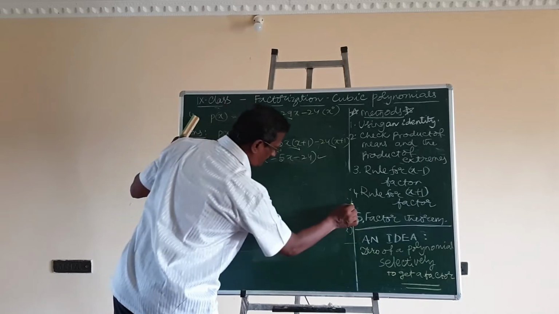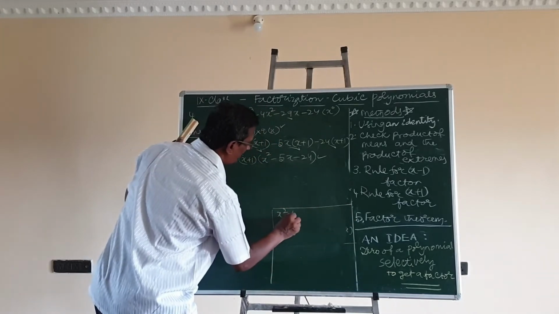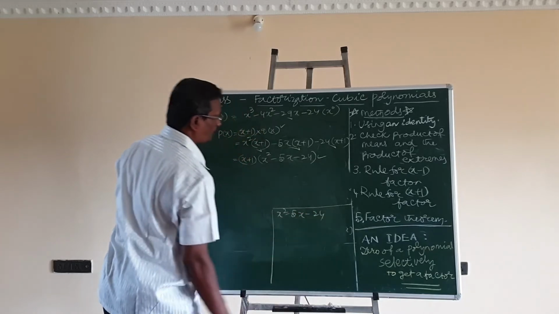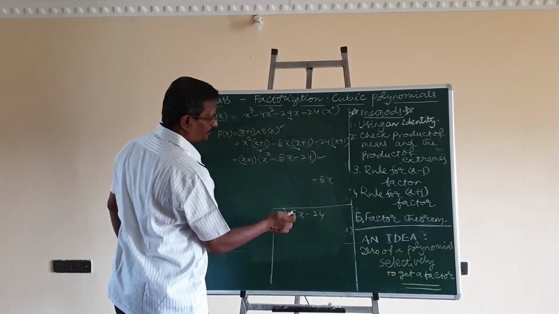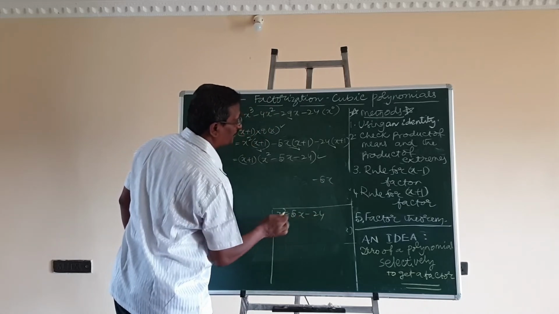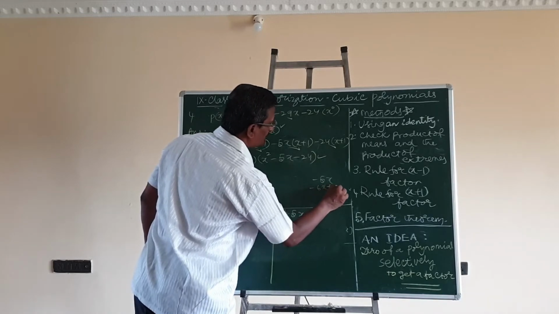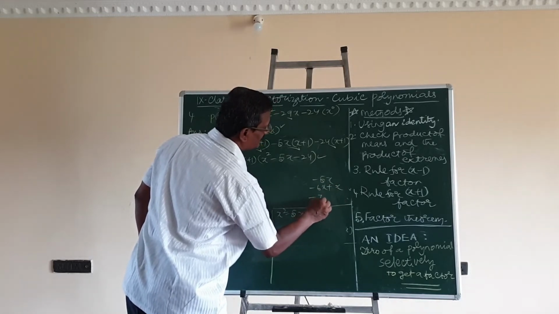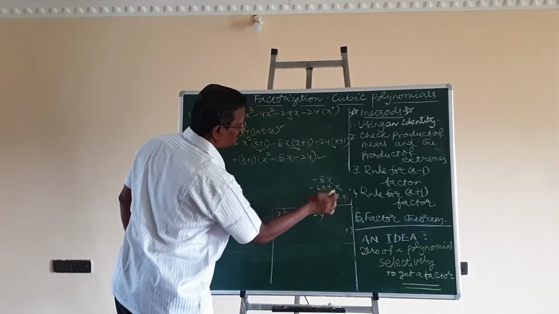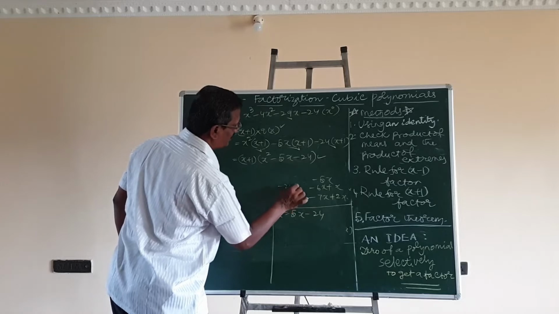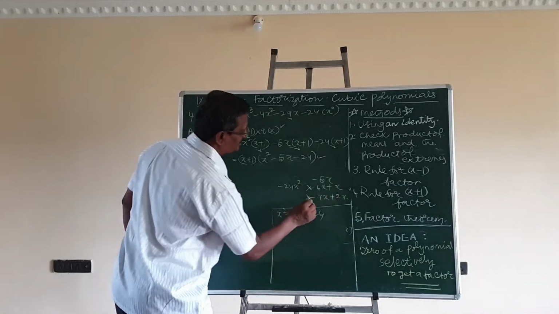For factorization of this quotient, we do like this: x square minus 5x minus 24. On splitting, minus 5x, we need to get a negative product minus 24x square. Minus 6x plus x, minus 7x plus 2x: on multiplication, we don't get minus 24x square.